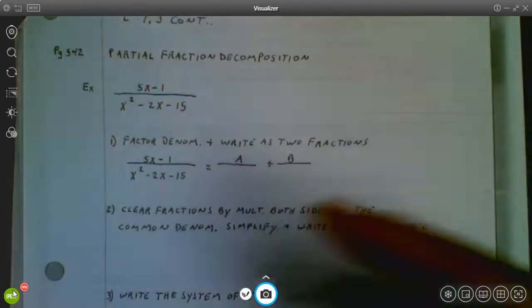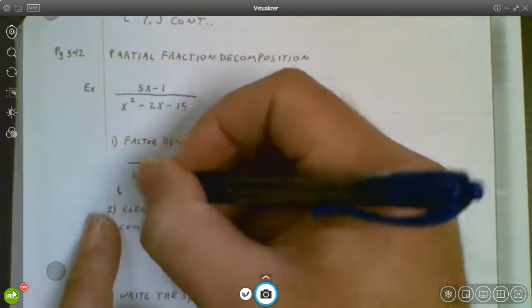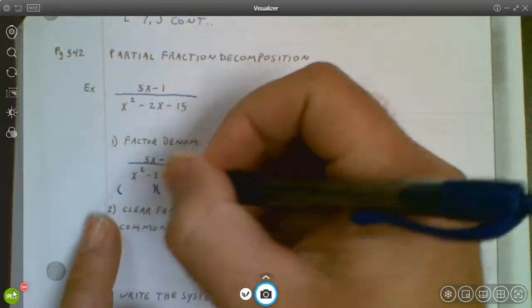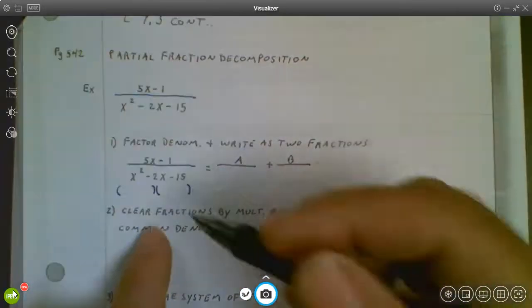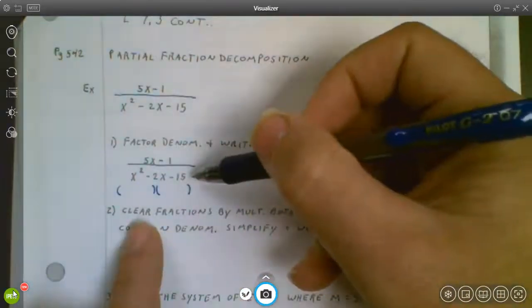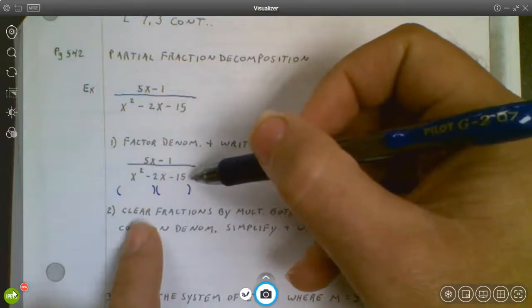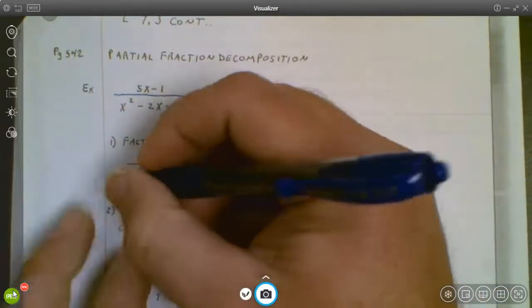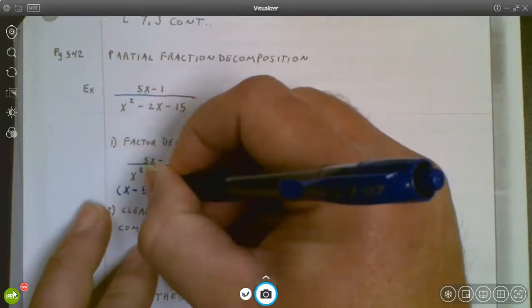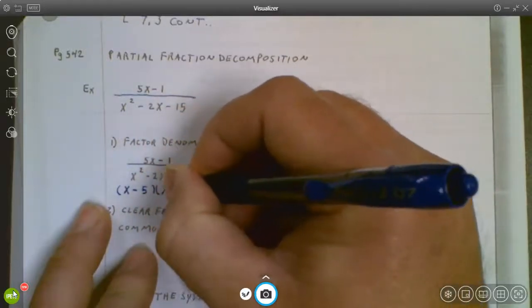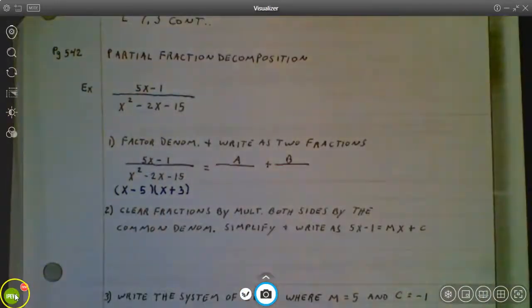factors. If we were to factor this, you can see this would be x minus 3, x plus 5. Sorry, x minus 5, x plus 3. So there's our 2, that's our breakdown.